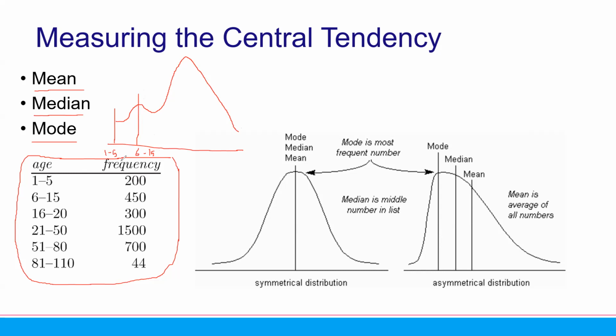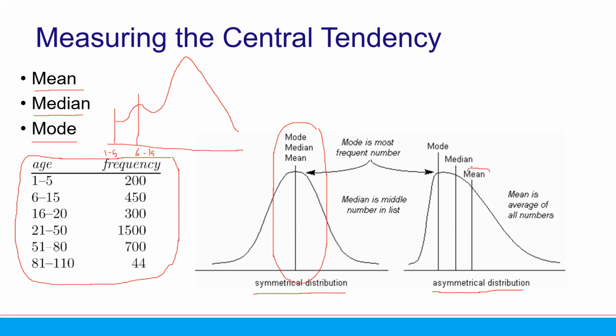But if you revert to the theory of statistics, if we have a symmetrical distribution, then the mean, the mode, and the median will be almost similar, in the same place. But if it is an asymmetrical distribution, then the places will be a little bit different.